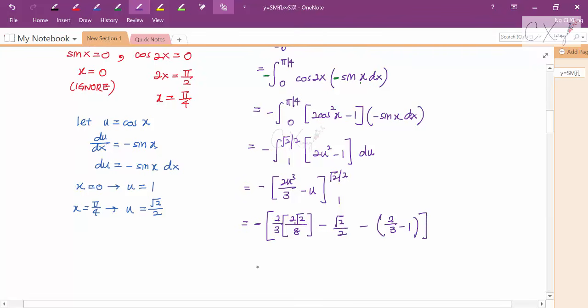You just need to be a little bit more careful so that you won't make any careless mistake here. Simplify this term, you have 4 divided by 8, you get a 2 at the bottom. So you have 1 over 6 square root 2 minus 1 over 2 square root 2. And after you simplify all the terms here, you have plus 1 over 3.